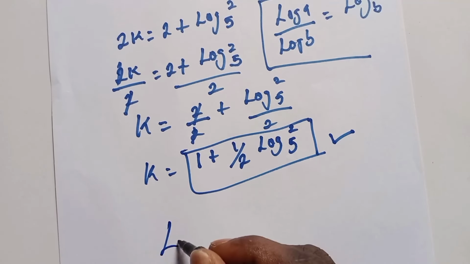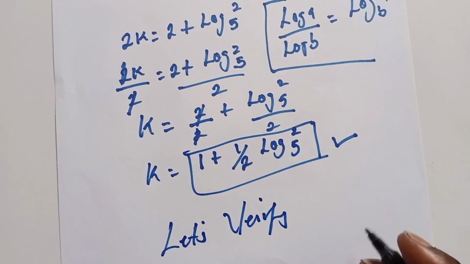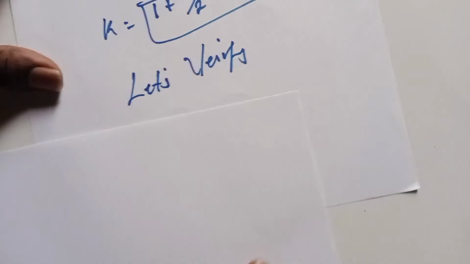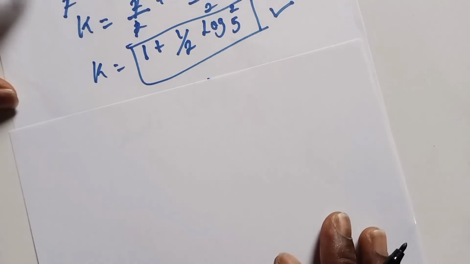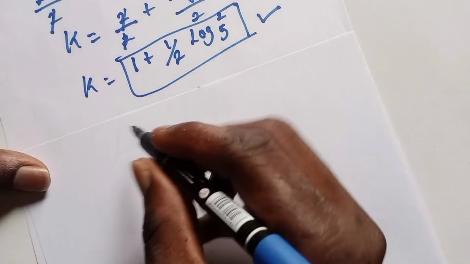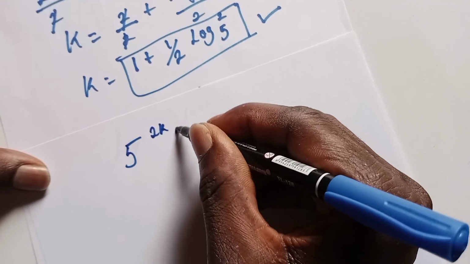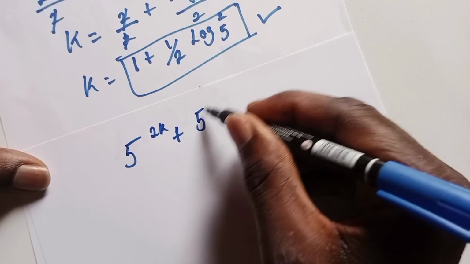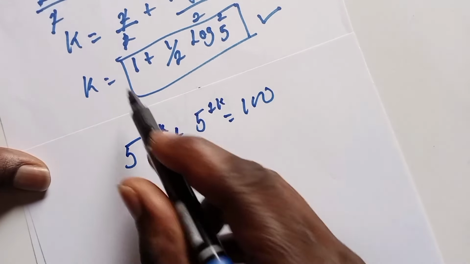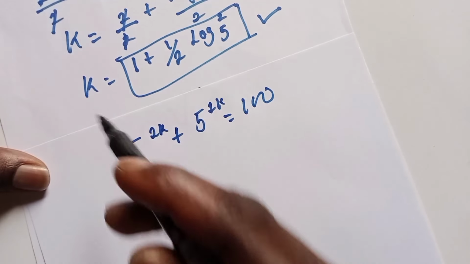Now let's verify to check if our solution satisfies the equation. We have our equation 5 raised to power 2k plus 5 raised to power 2k is equal to 100, and we have our value for k as 1 plus half log 2 base 5.